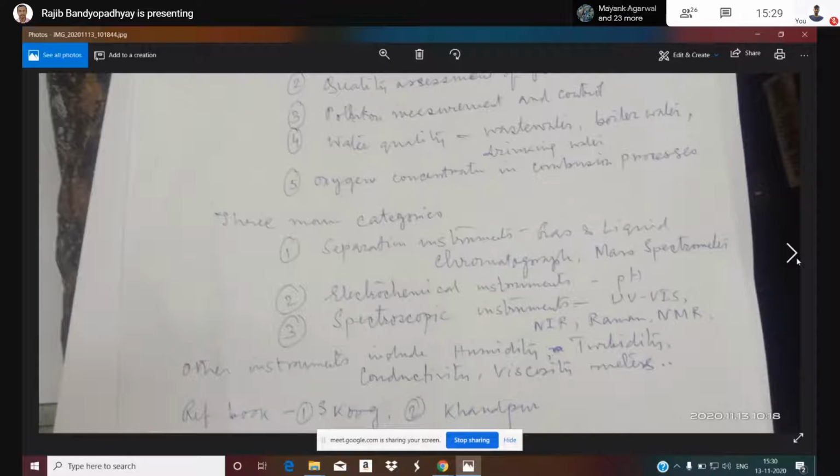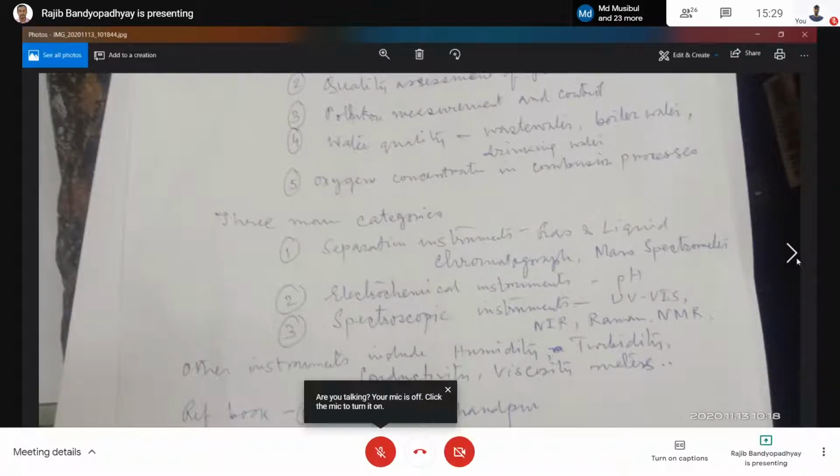NMR stands for, anybody, any guess? Nuclear magnetic resonance? Nuclear magnetic resonance, right? Absolutely right. NMR is nuclear magnetic resonance, and this involves a huge electromagnet, and that's why it's quite expensive.